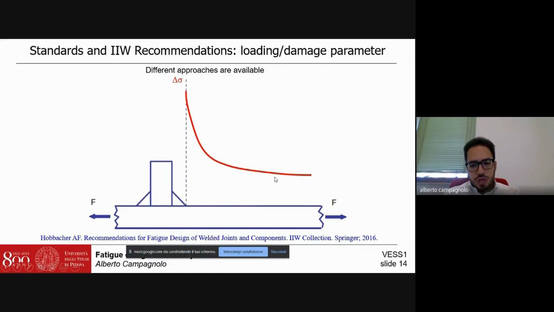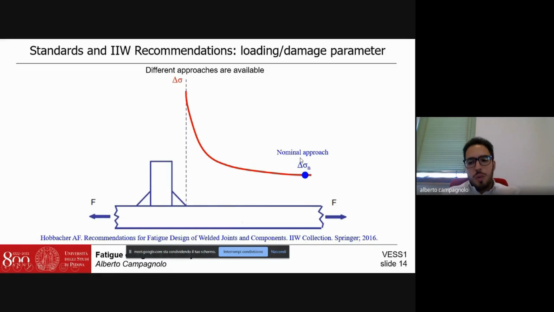The first approach is based on the nominal stress, which is calculated or measured experimentally far away from the crack initiation location, which is the weld toe. Therefore, the nominal stress approach is based on the stress which acts on the structure, on the plate side, very far from the crack initiation location.